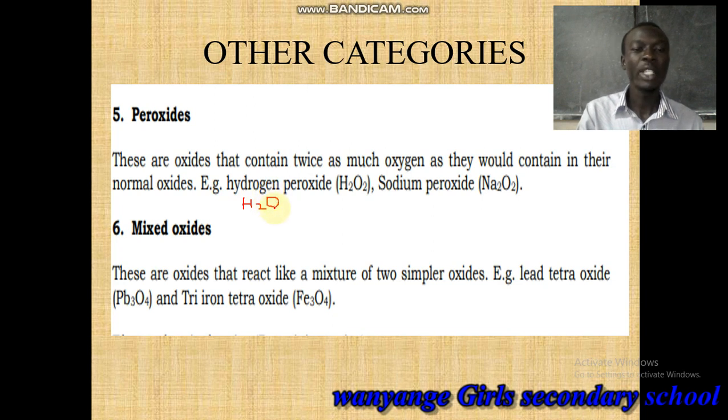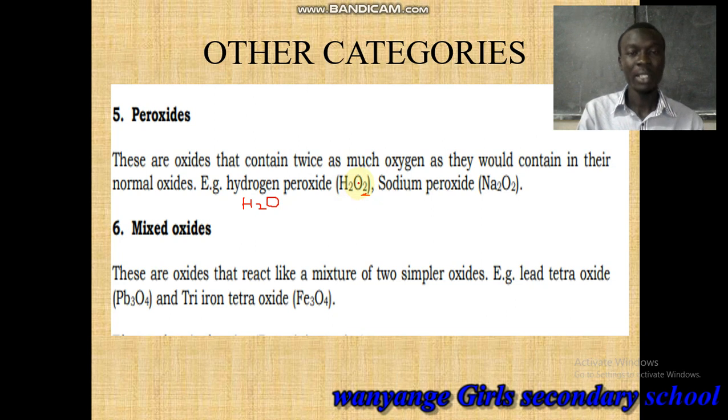It has this one oxygen atom, but hydrogen peroxide, the peroxide of hydrogen, has two oxygen atoms, as you can see there. That is a peroxide. Its normal oxide has one oxygen atom, but the peroxide has two.